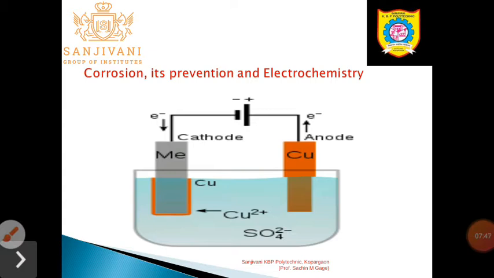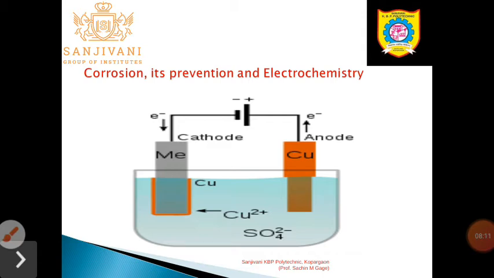So this is the purpose or the uses of electroplating, and this is the diagram, the setup used for electroplating. In the mechanism of electrolysis we studied that we have an electrolytic cell, where the electrolysis reaction is carried out. For example, here the beaker is the electrolytic cell. We have two electrodes, a battery and the electrolyte.